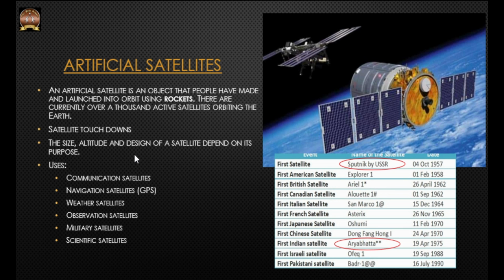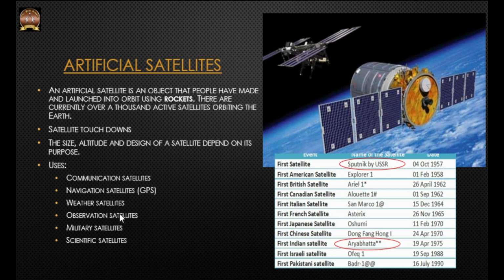Now, the size and altitude and design of a satellite may depend on its purpose. Communication satellites allow telephone and data conversations to be relayed through satellites. Navigation satellites help in the navigation or movement of ships and planes. Weather satellites are useful to meteorologists to study the weather pattern and also to forecast the weather.